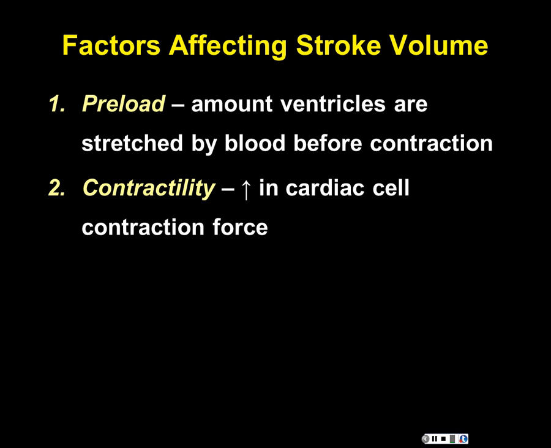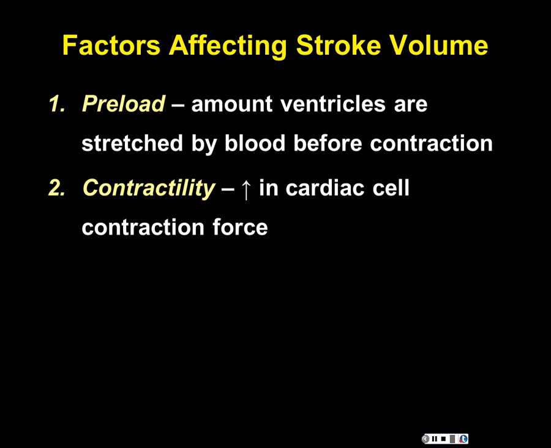Think about the water balloons we just filled up. Take two that we filled a lot. If you squeeze one so hard, all the water exits, and one you only partially squeeze, decreasing contractility, maybe some or most, but not all of the water would exit. So same thing: the stronger the contraction, the more likely the blood would be propelled out. That's contractility.